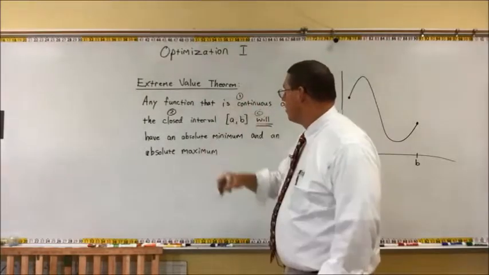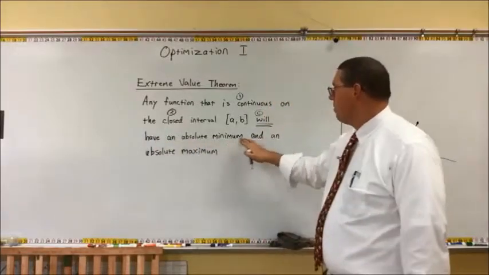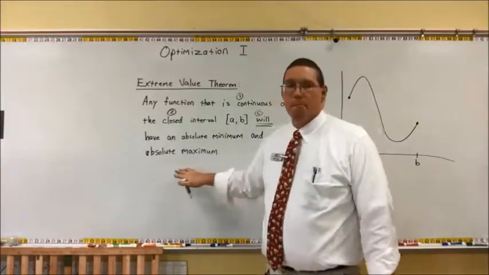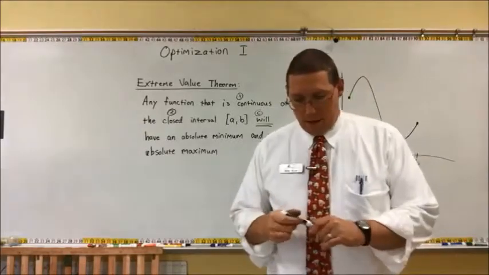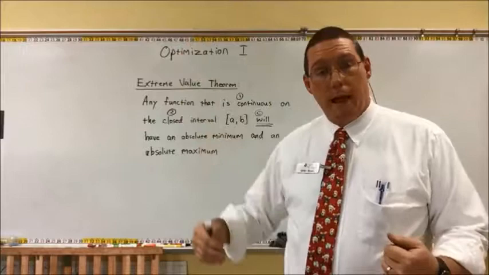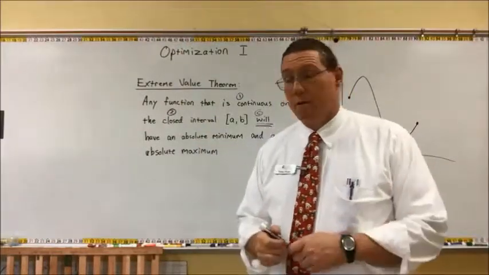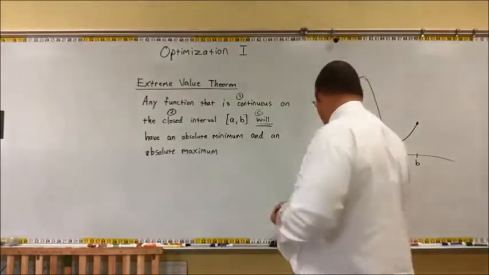Got our two premises, and then here's our conclusion, will have an absolute minimum and an absolute maximum, okay? And when I say absolute minimum, absolute maximum, I mean a highest value and a lowest value. And we'll look at the graph over here and we'll talk about some of the things that that means, okay?